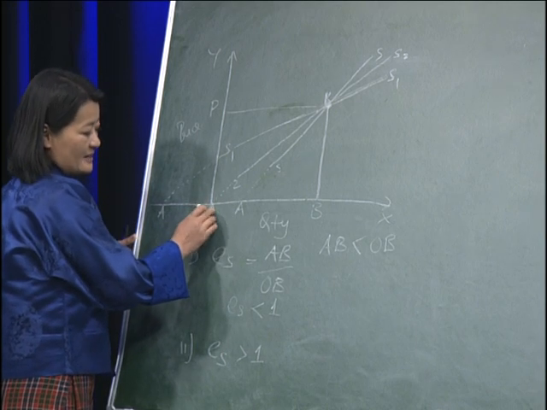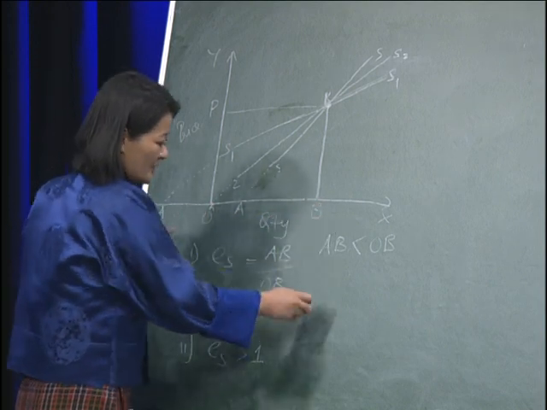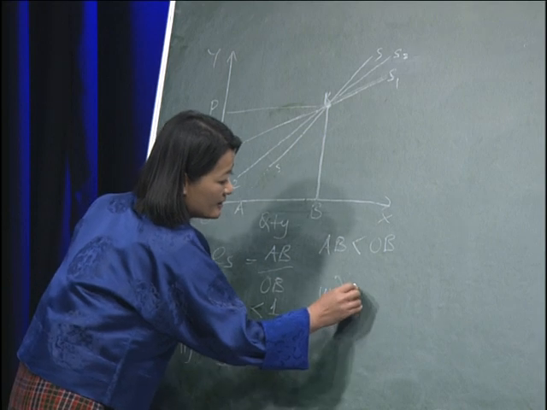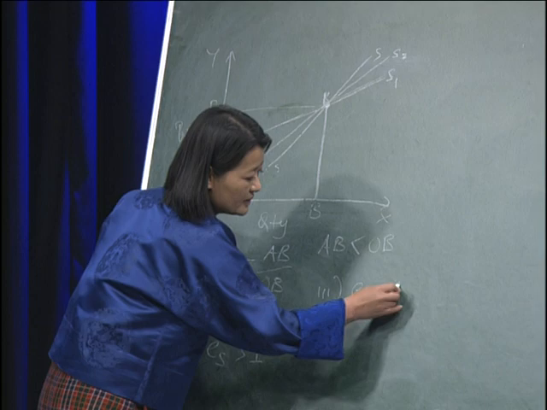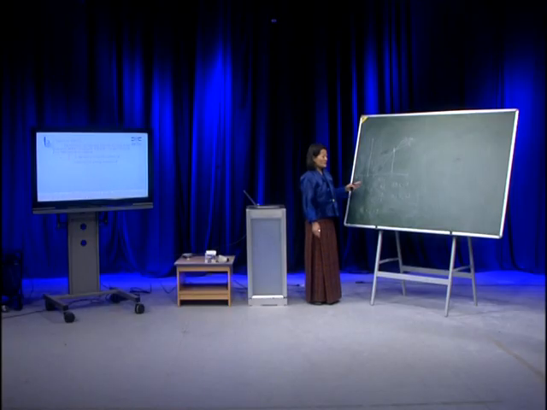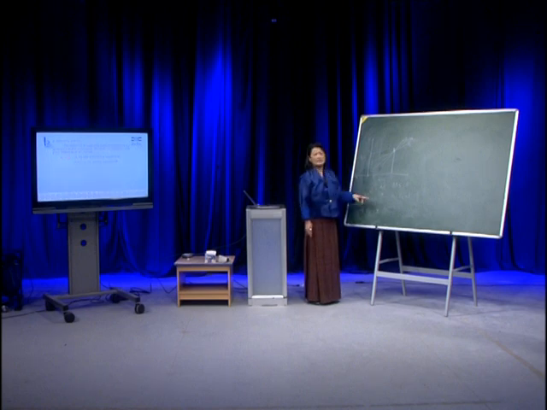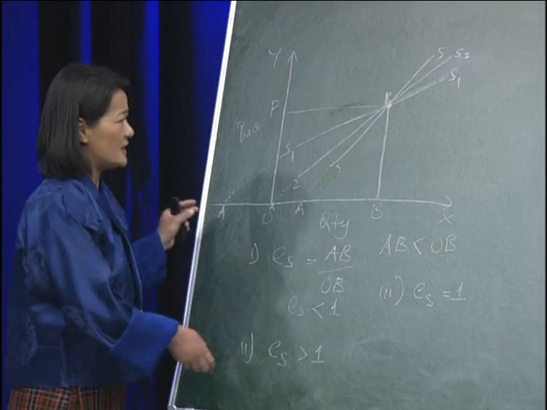In this case AB is exactly equal to OB. So, in the third case, the value of elasticity of supply is going to be equal to 1. These are the different degrees that you have already studied in your previous lesson, so I will not go into detail.